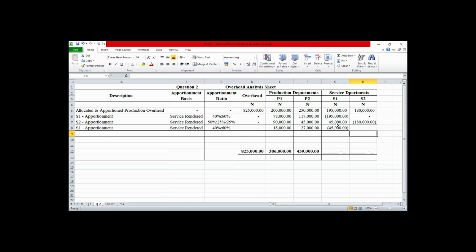Any question? Is that where we are going to stop? That's all. So in this question, we went straight to secondary apportionment. In exams, can we be given questions like this, whereby we do not do primary apportionment and go to secondary apportionment straight away?